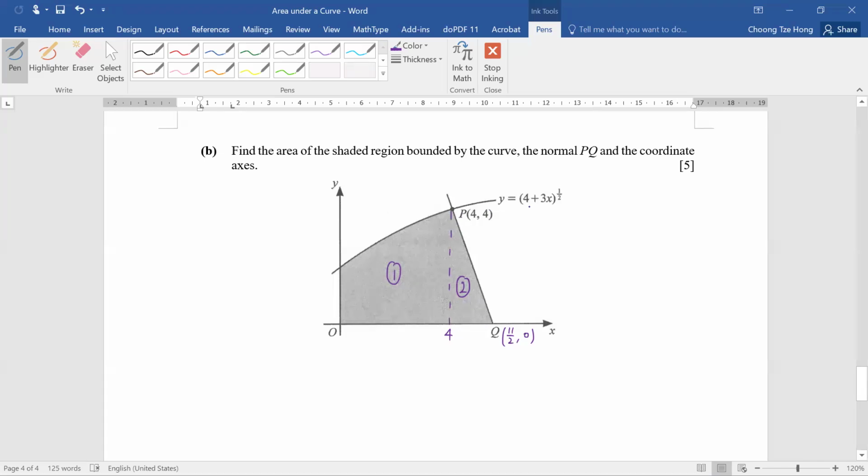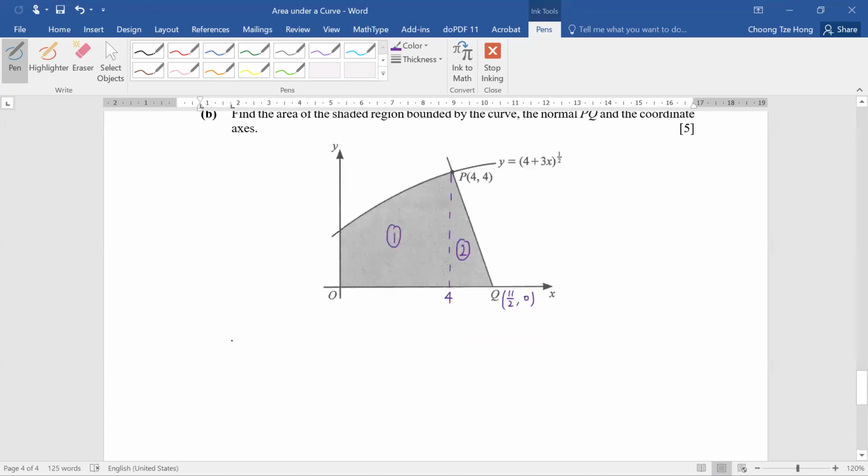So let's go ahead and find the area of the shaded region. We're going to integrate the curve from 0 to 4 to find the area of region 1: the integral of 4 plus 3x to the power of half dx, plus the area of the triangle, half times base.